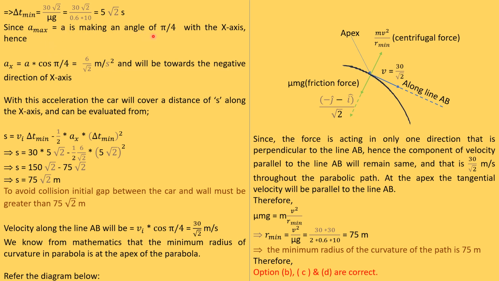Since the acceleration is making an angle of pi by 4 with the x-axis, the component of acceleration on the curved path along the x-axis will be a cos pi by 4, and that will be 6 by root 2 meter per second square, and it will be towards the negative direction of the x-axis, because the intention is that the car should not strike the wall, so it should be retarding in the x direction.